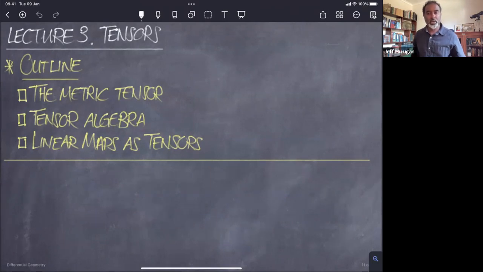As I said, when I was growing up, tensors had this rather fearsome reputation, just some sort of mystical object that you only really understood after being exposed to general relativity. So, we did linear algebra, we studied a whole bunch of things in linear algebra.